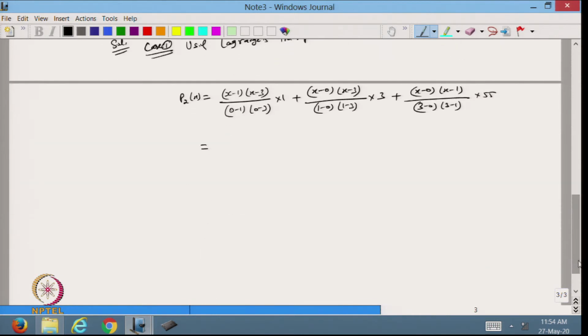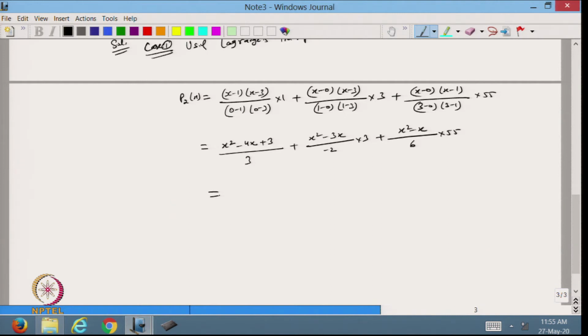Now if I multiply this, it will be x square minus 3x minus x plus 3, that is x square minus 4x plus 3, divided by (minus 1)(minus 3), so 3, into 1, plus x square minus 3x divided by 1 into minus 2, so minus 2, into 3, plus x square minus x divided by 3 into 2, 6, multiplied by 55.